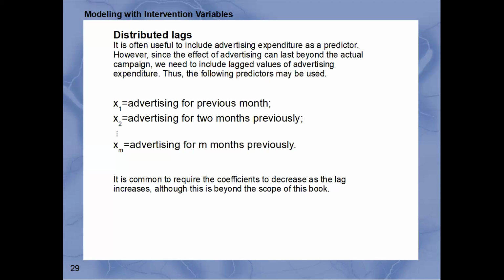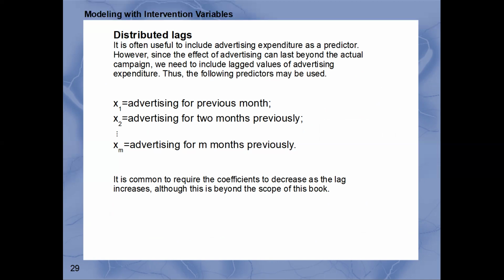We can also model with distributed lag. This is often useful to include advertising expenditures as predictors. Don't forget, we're going to put a bunch of predictors together and use just enough predictors to make a good model, but we don't want to over-predict or have too many predictors.